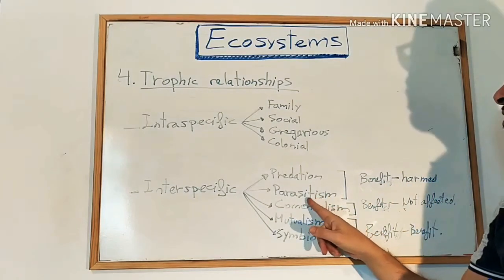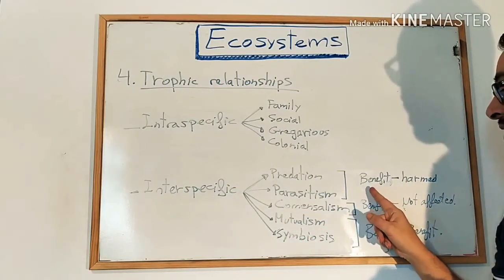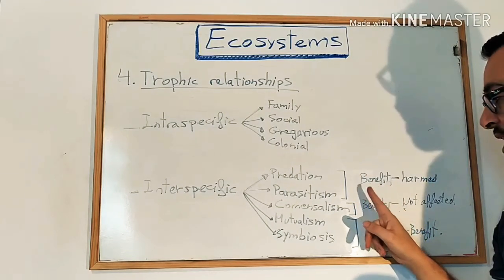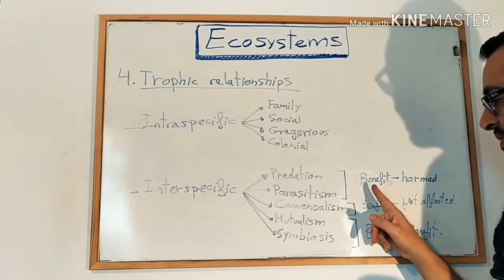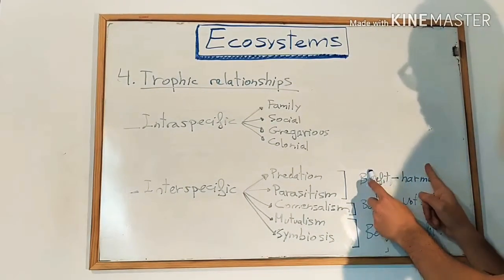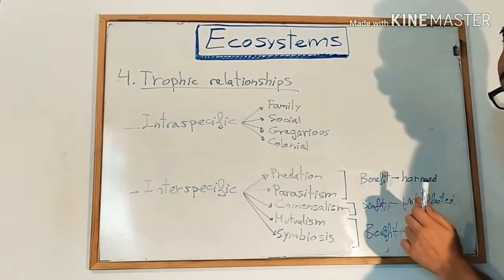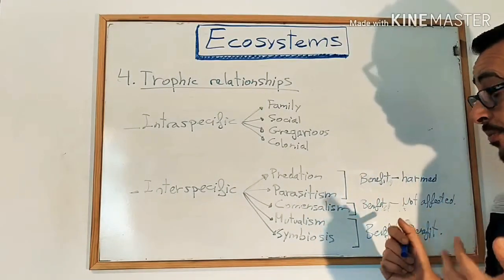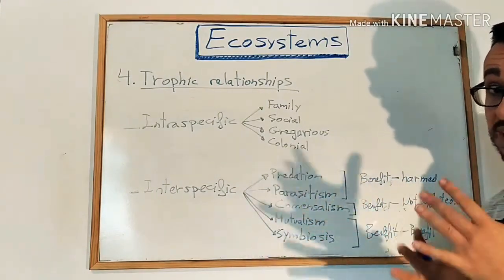And in the case of parasitism, we are talking about the parasite and the host. Predator, prey, parasite, host. The harmed one is the host, because the parasite is living on or in the host.